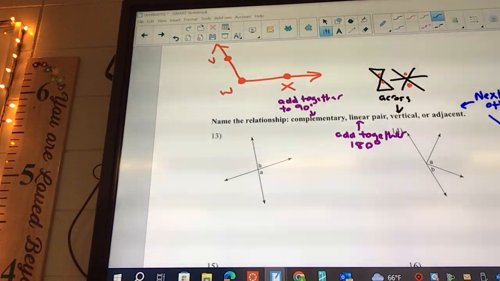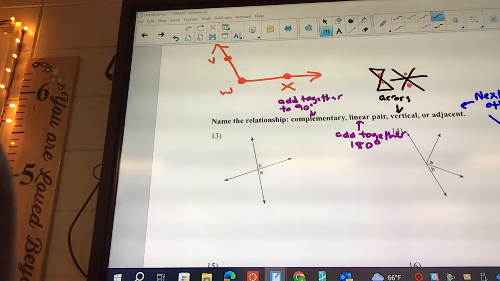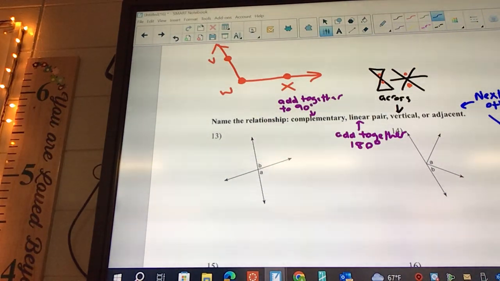Okay, so if we look at number 13, it says name the relationship. So we got 4 things to choose from. What is 13? Are they complementary? Do they look like they add up to be a 90-degree angle? No. Do they look like they could add up to be 180? Yes, they do. Are they right across from each other?